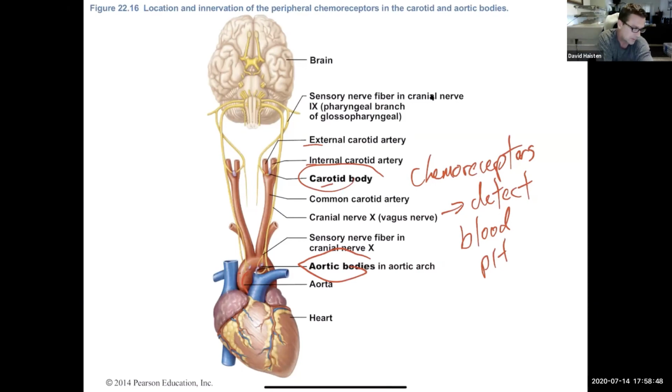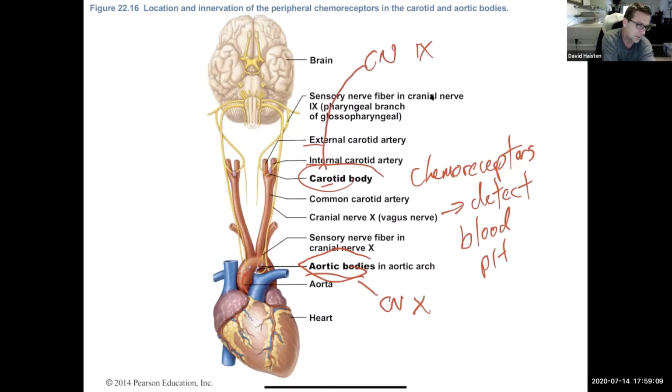Okay. So the aortic bodies are innervated by CN10, the vagus. The carotid bodies are innervated by CN9, the glossopharyngeal, mostly, and the vagus together.